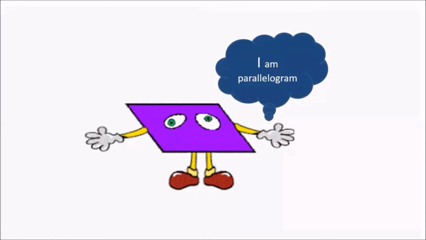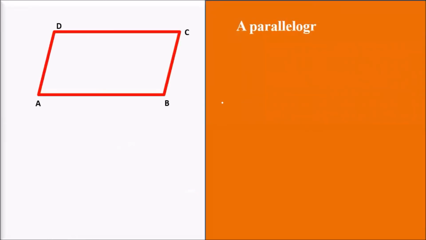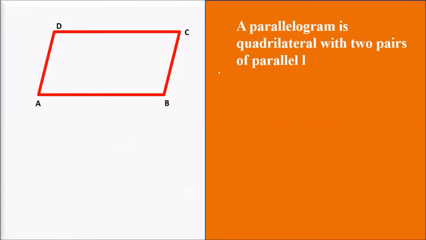Next is the parallelogram. What is a parallelogram? It has two pairs of opposite sides that are parallel. Here AB is parallel to CD and BC is also parallel to DA.